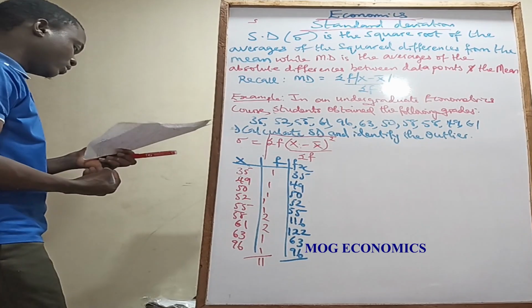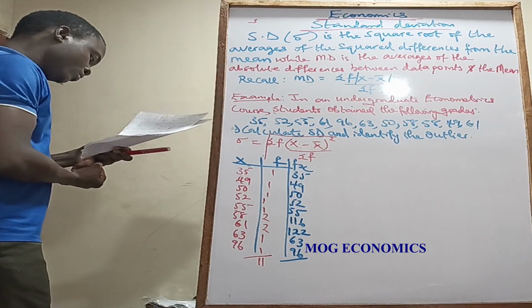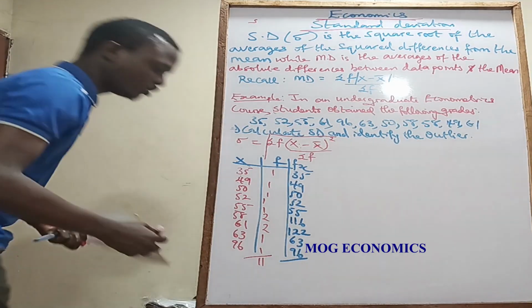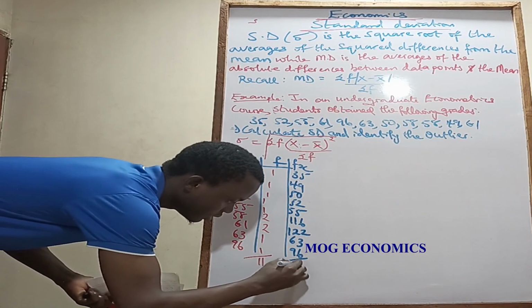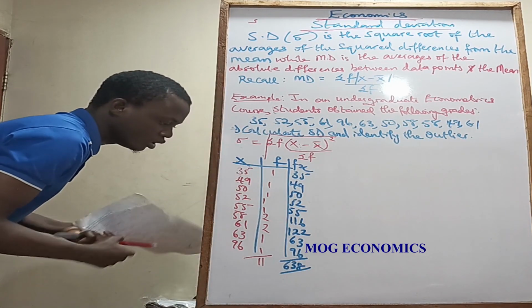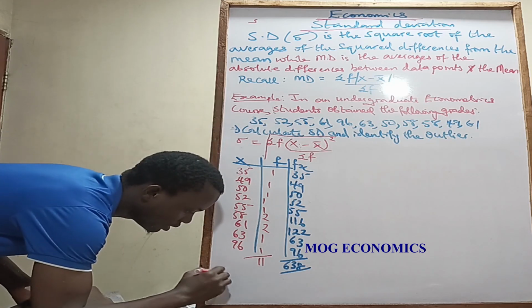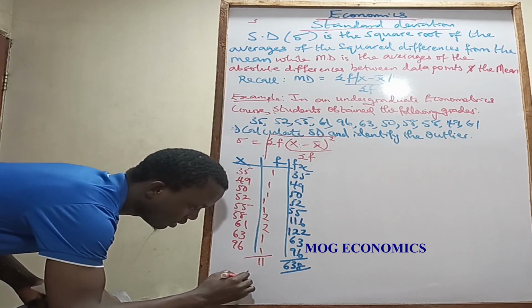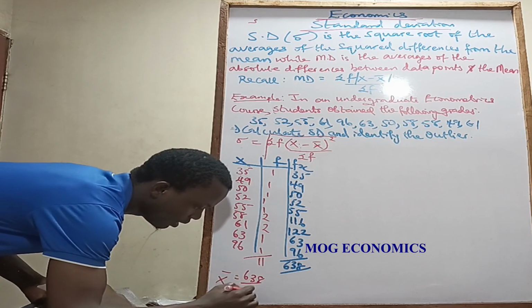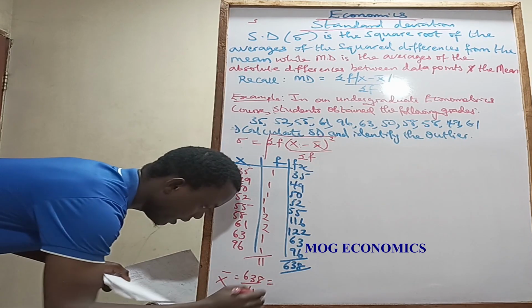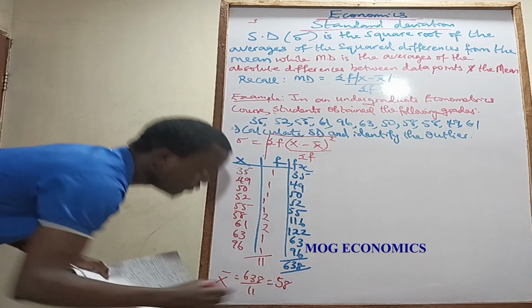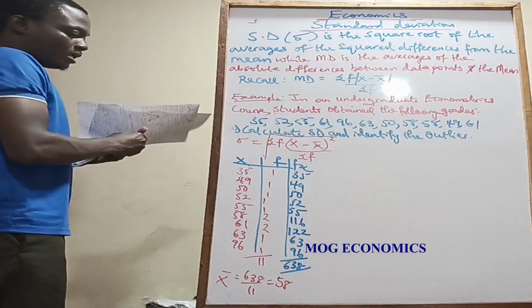Okay, when we're done, we get 638. So our mean, bar x, equals 638 divided by 11, and that's going to give us 58.